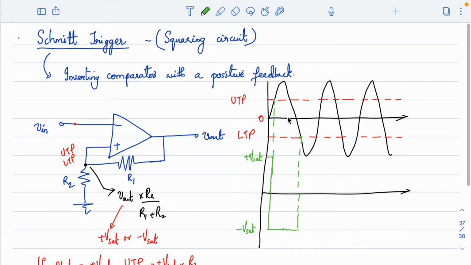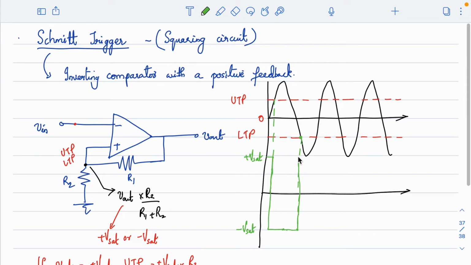At the moment when your input signal crosses this lower threshold point, your negative input terminal is having a lower voltage compared to the positive reference voltage, and as a result, the signal again switches.